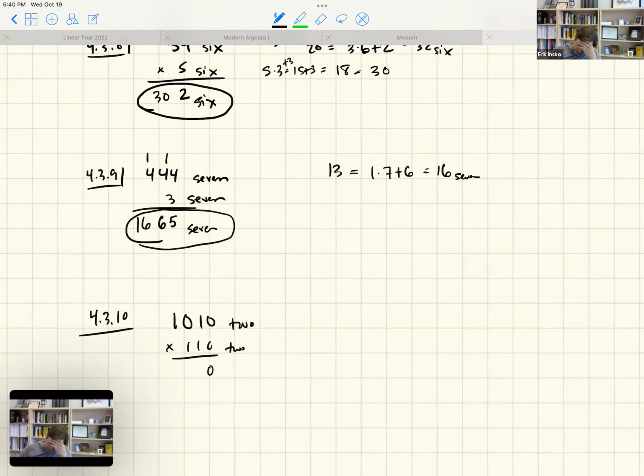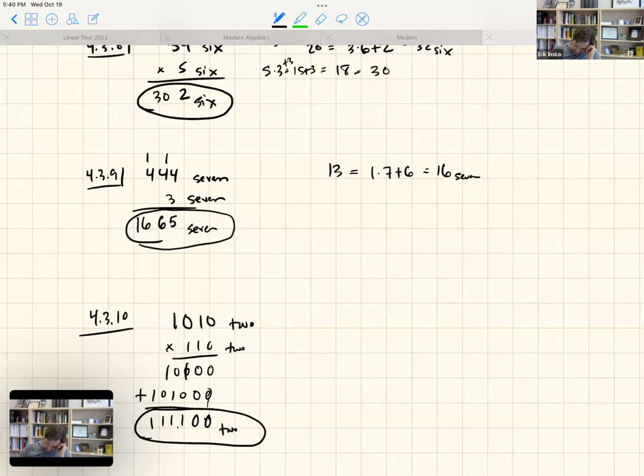And then I'm going to do 1 times 1010. And then I'm going to skip 2 spots and I'm going to do 1 times 1010. Now I add down. So this is 0, 0, 1, 1, 1, 1. Okay, so the final answer is 111100 base 2.